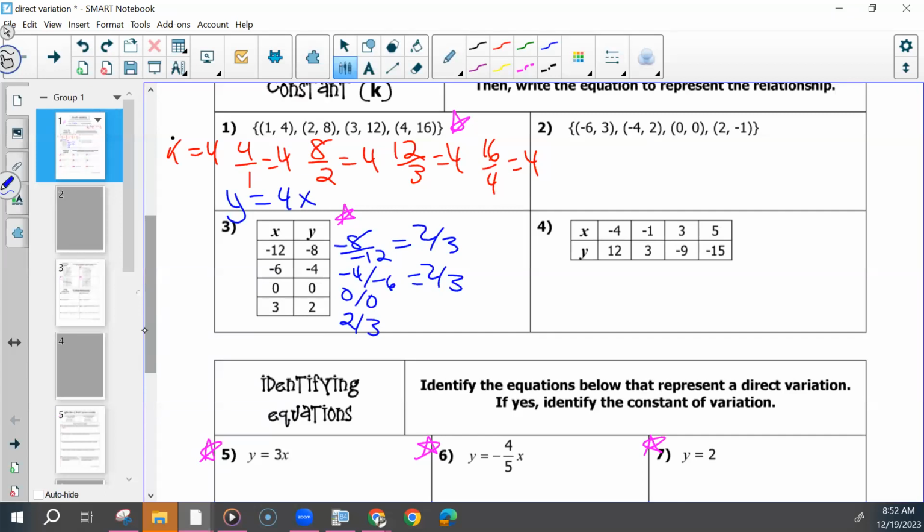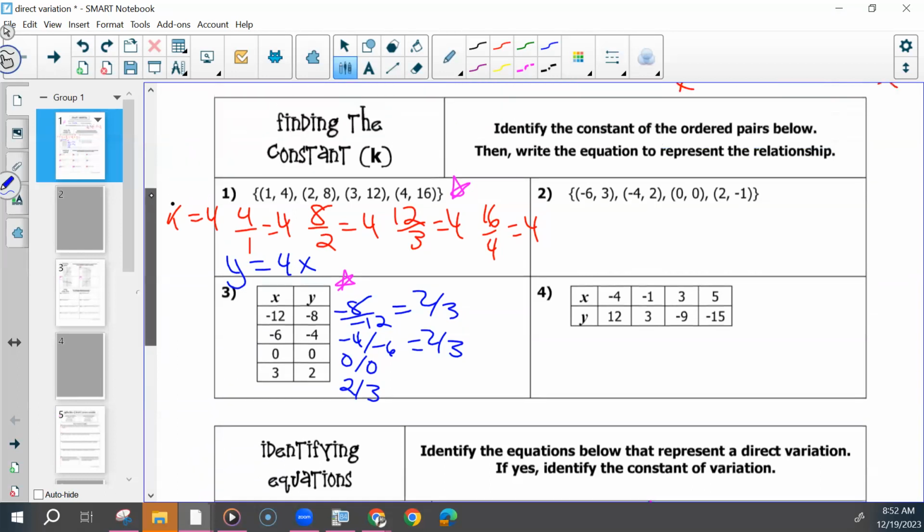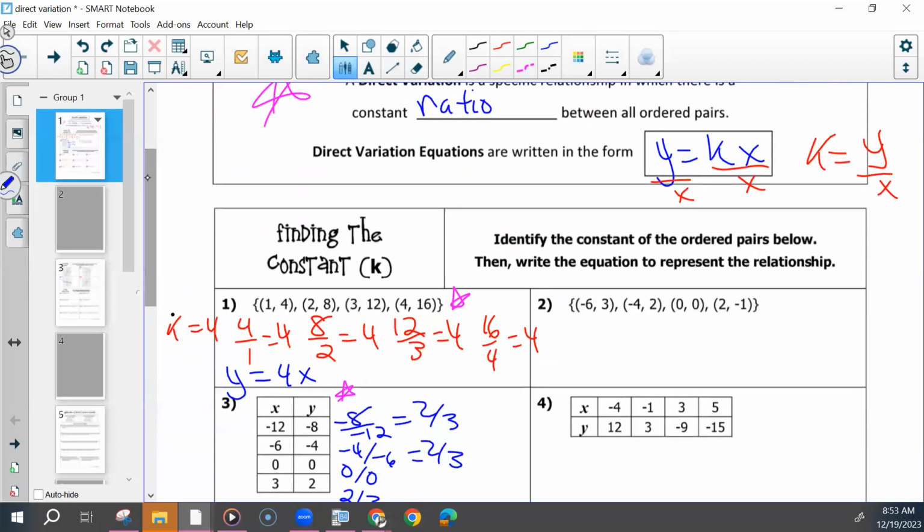But if I was thinking about this on a graph, and I started at 0, 0, and I went up 2 to the right 3, I would end up at this point. So even though 0 divided by 0 doesn't give us that k value, I can still say it's going to keep going through the points. Also, in my equation, if this is like our slope-intercept form, what is the y-intercept?